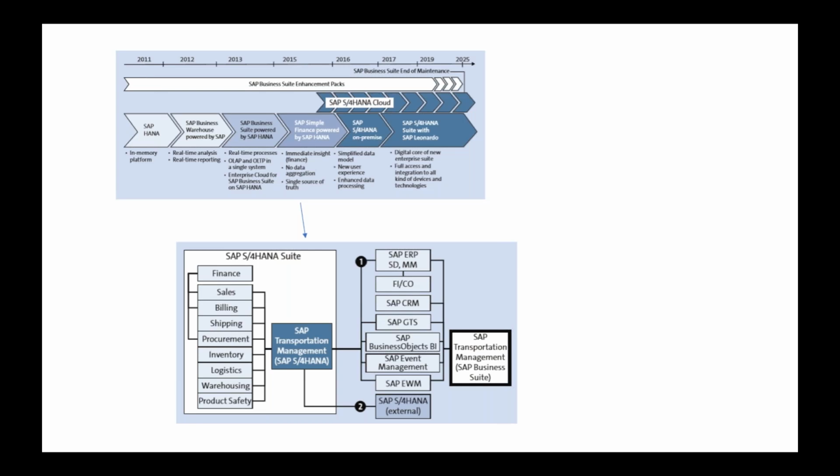So you can still perform this action, but in case you are implementing TM, then you don't need to execute VT01 and VI01, because the entire shipment process will now be performed in TM. In case you are not implementing TM, then you still have the option to use VT01 and VI01.